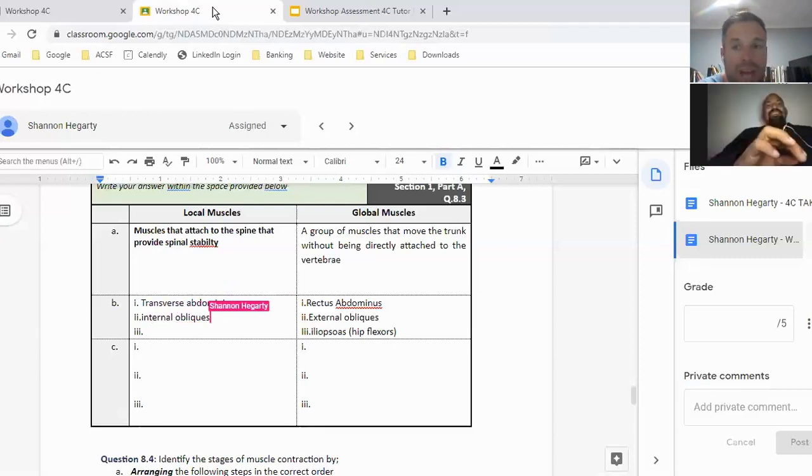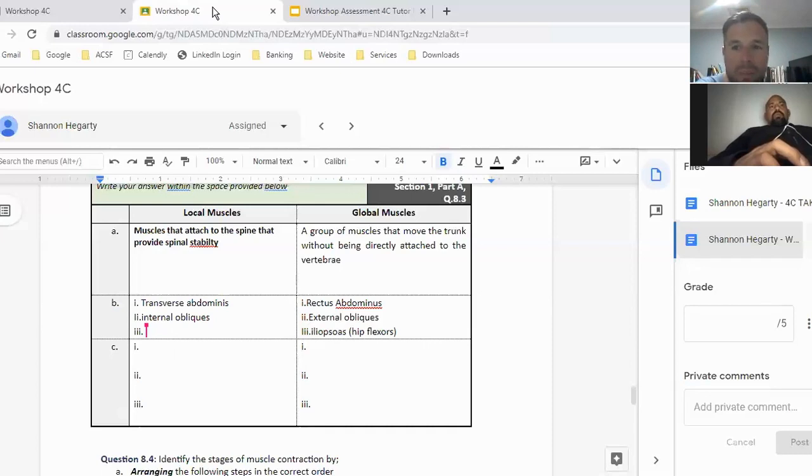And then the last one's a muscle group that not a lot of people know much about. These are the ones that attach from, say, the L5 to the L4, then the L4 to the L3, then the L3 to the L2. They run right up your spine like a Christmas tree. Do you know what they're called?